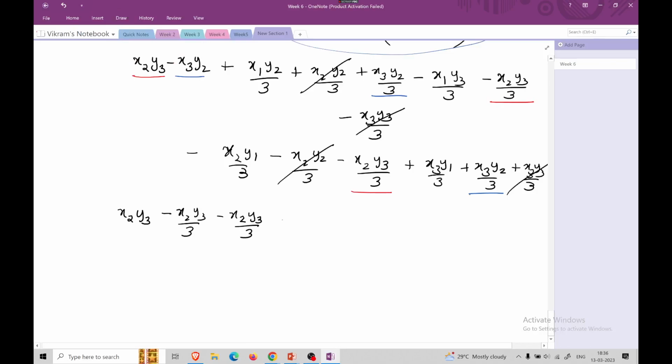So it's coming minus x3 y2 plus x3 y2 by 3 plus x3 y2 by 3. Again x1 y2 occurs once, and x3 y1 also occurs once. So plus, okay, I'll choose the black color.